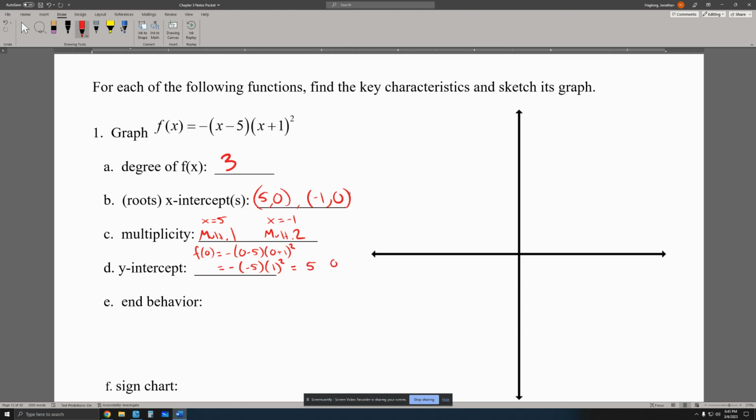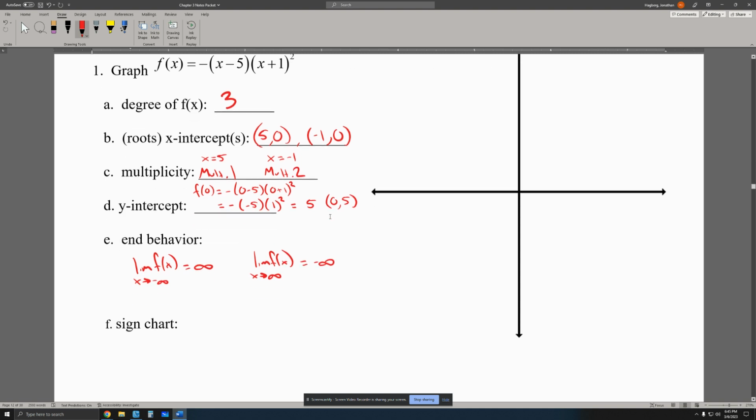So then our y-intercept is 0, 5. And then finally, the end behavior, we're looking at an odd degree with a negative leading coefficient. So that tells me that the limit of f of x as x approaches negative infinity is equal to positive infinity. And then the limit of f of x as x approaches positive infinity is equal to negative infinity.